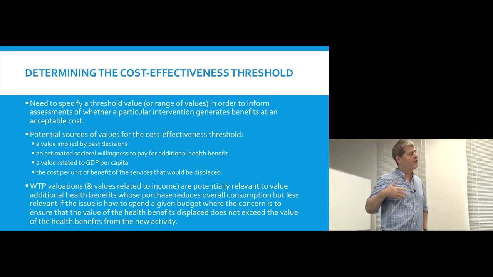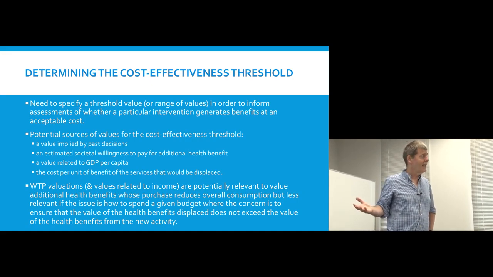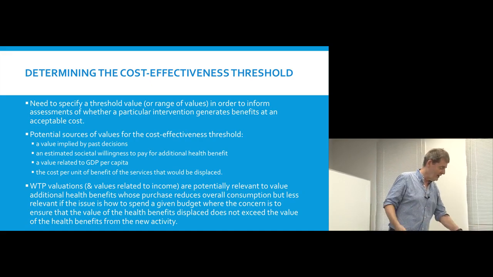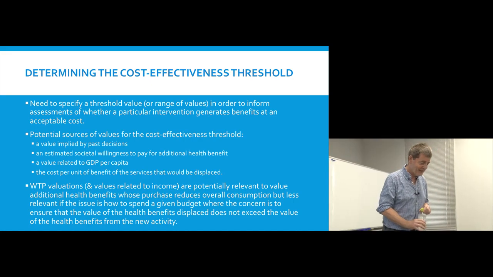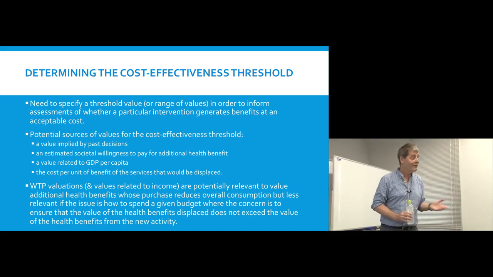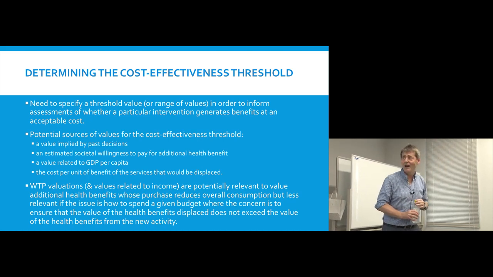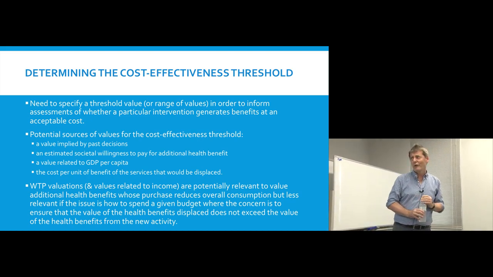Also, if somehow in the past we've been able to be consistent, why do we even need a threshold? If somehow in the past, without almost thinking about it, we've been able to make the right decision, why do we need to formalise it now? And of course the answer is, well, we haven't in the past. We've made decisions that imply different thresholds in the past. So that's probably not a very good source.